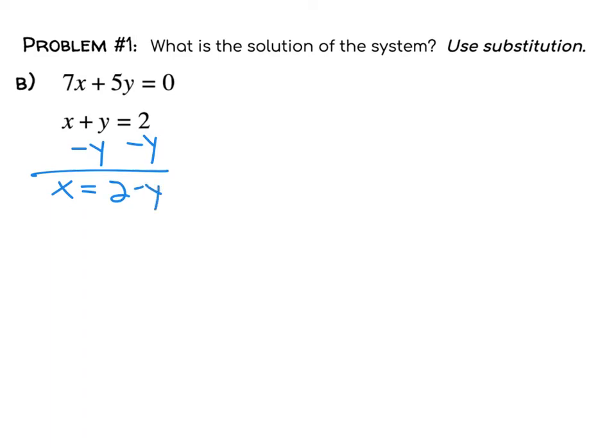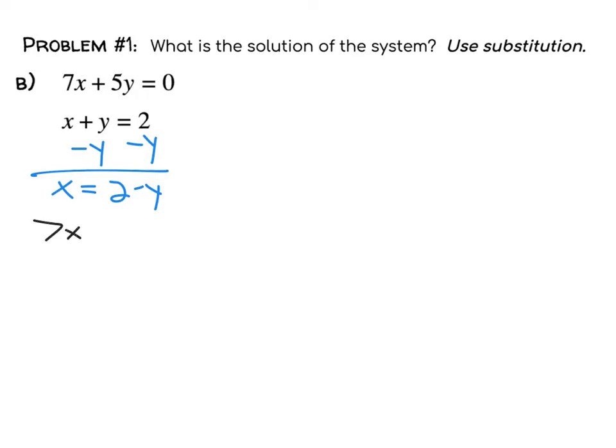Or another way of writing that would be x equals negative y plus 2. As long as the 2 is positive and the y is negative, it doesn't matter where it is. Okay? Now I'm just going to use the first one that I got. That one's fine. And I'm going to substitute that in.